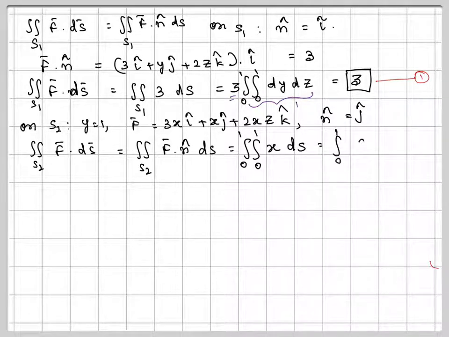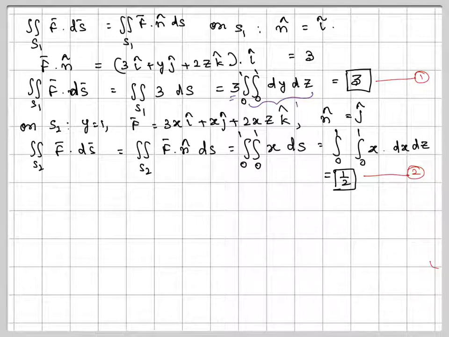If you integrate this, it is integral 0 to 1, integral 0 to 1 of x dx dz, which is 1/2. So we'll call it step 2.